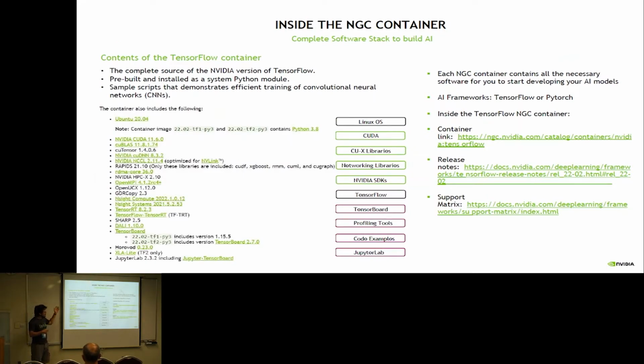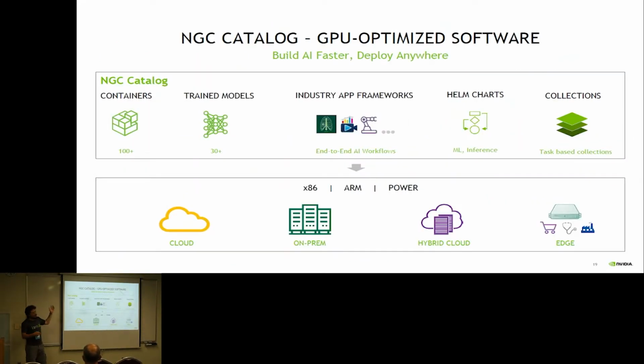We are not only building these containers, we are publishing them on our hub, which is called NGC. It's a repository of containers. You can use them for free, both in commercial and personal use. And we encourage you to use them even if you have your own tiny GPU machine with one 1080.